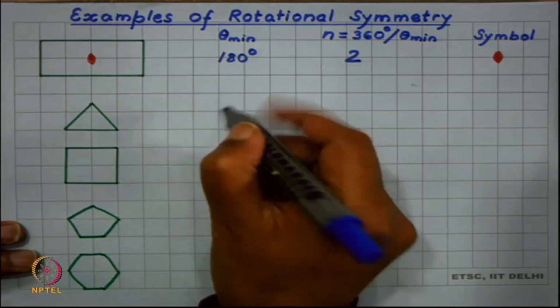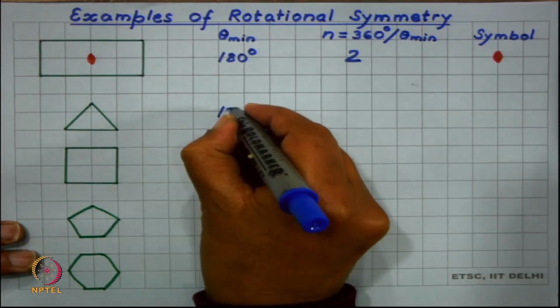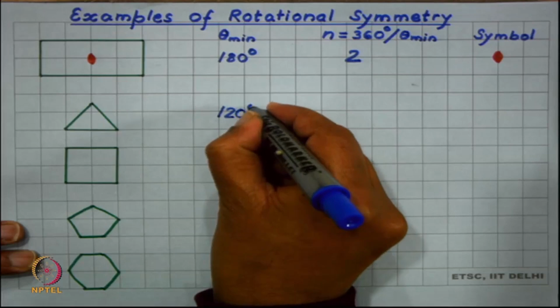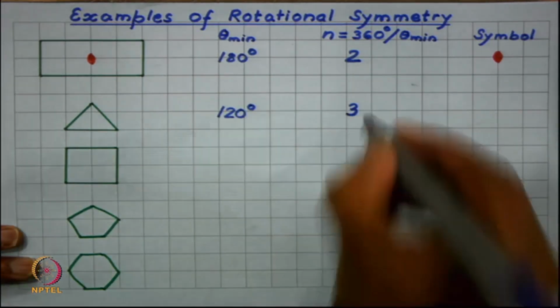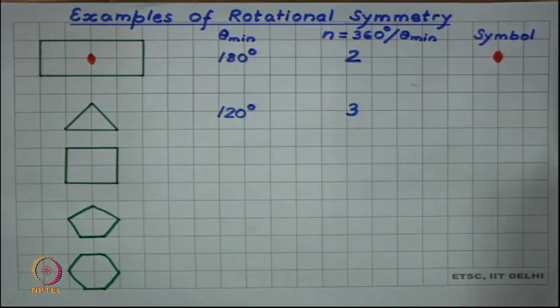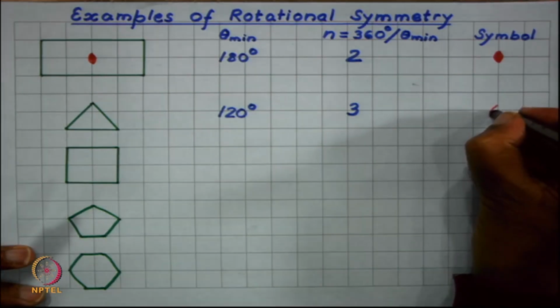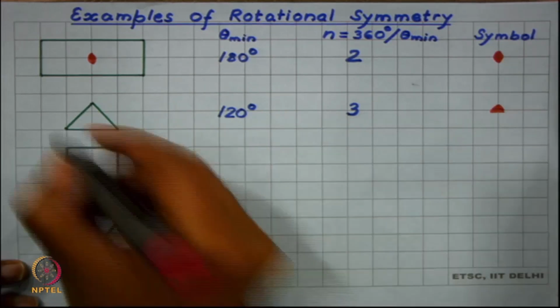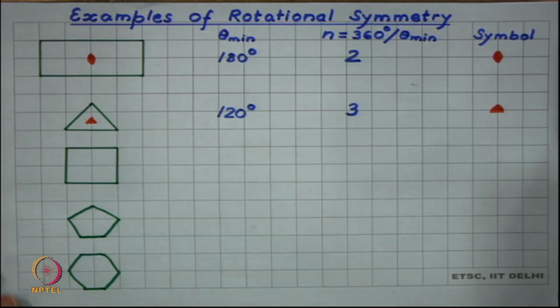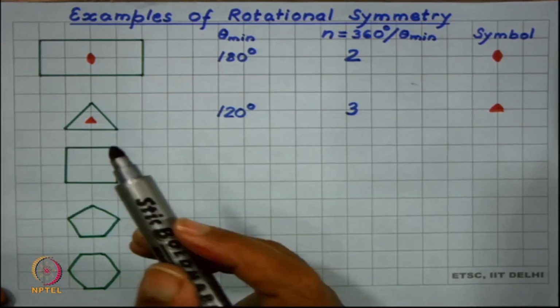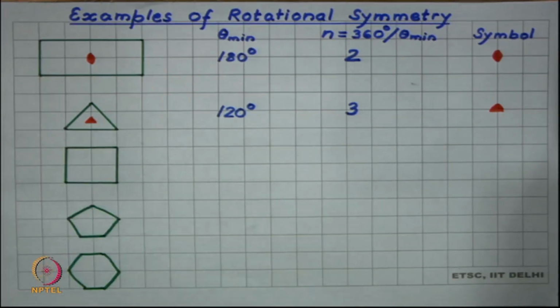An equilateral triangle will come into self coincidence by a 120 degree rotation. So, that represents a three-fold axis of rotation, and this will be represented by a small little triangle. So, I put the triangle in the center to indicate the bigger triangle, the green triangle, has a three-fold symmetry in the center.